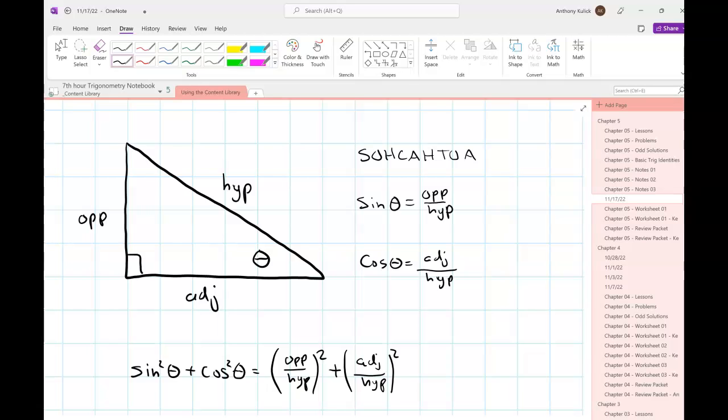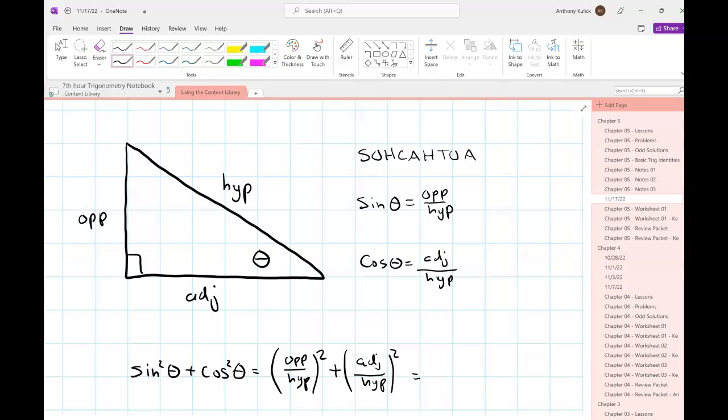How do we square a fraction then? We have opposite over hypotenuse squared. How do I square a fraction? That's okay.